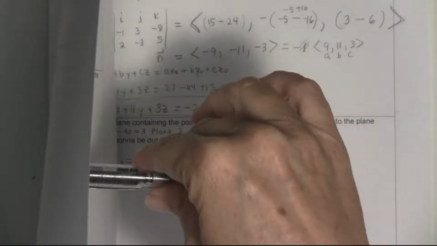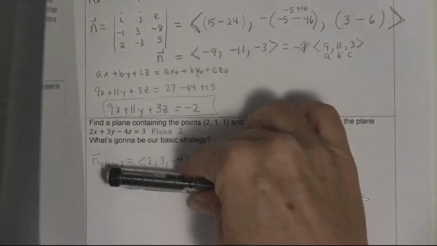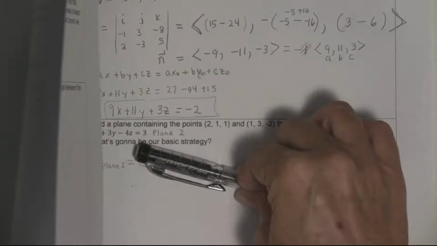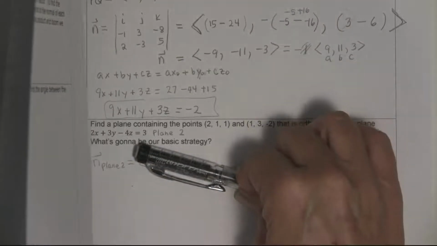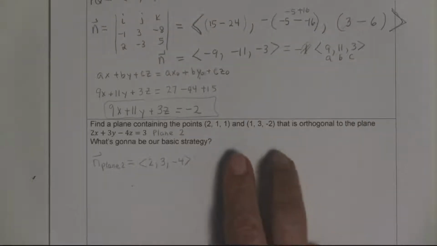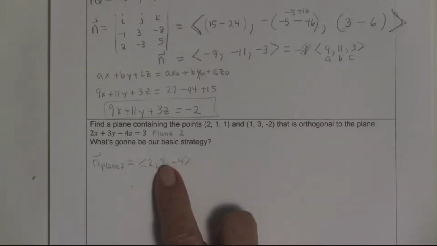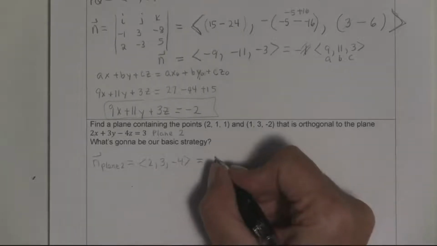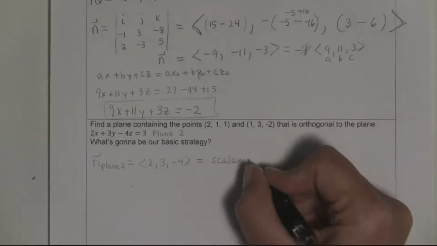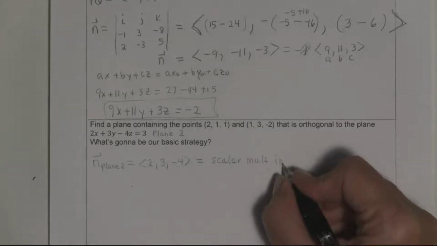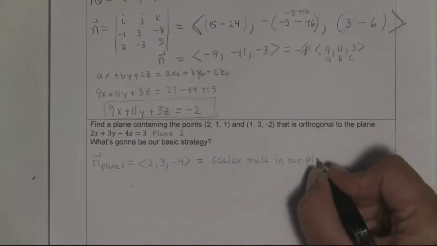And do you guys agree that it is a scalar multiple of, a vector that's in the plane that we want to find the equation of? And so we can find another vector in our plane. This right here is a scalar multiple, would be parallel to a vector in our plane that we're trying to find.